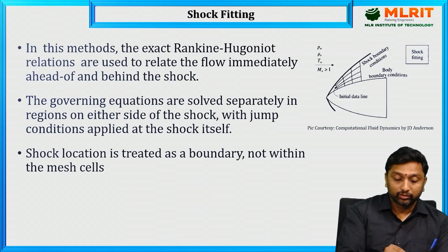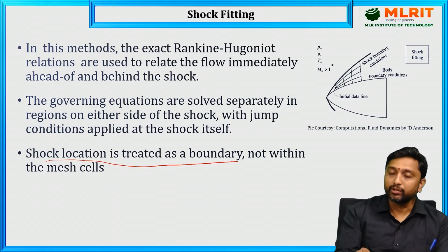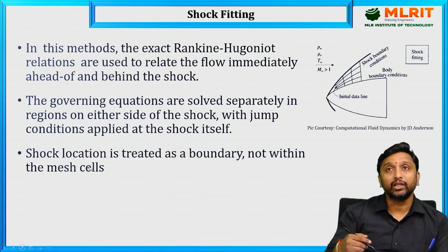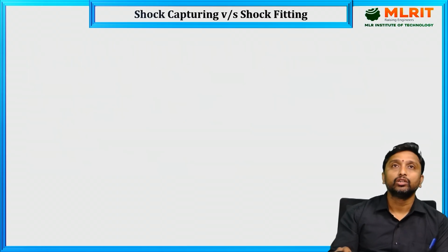So here the shock location is treated as a boundary, as I mentioned, not with the mesh cells. Cells are created inside this shock wave, and we are not going to go beyond that shock wave.